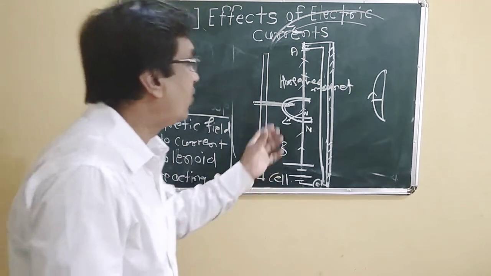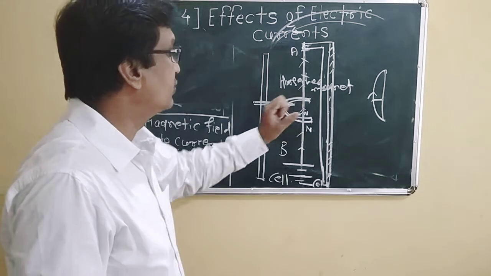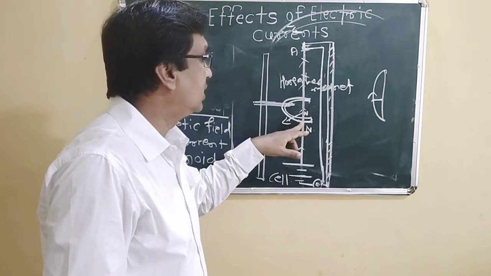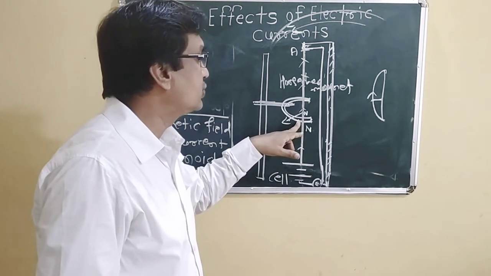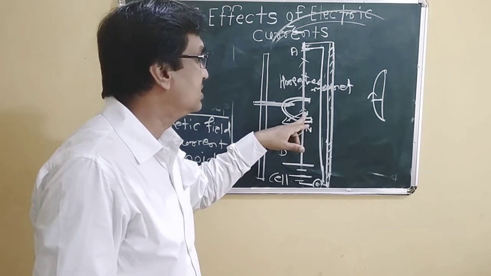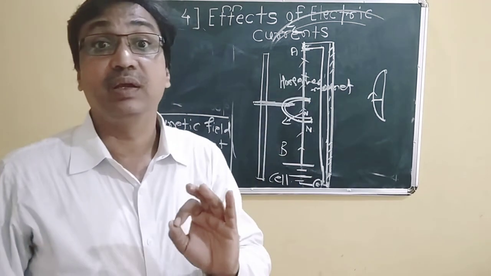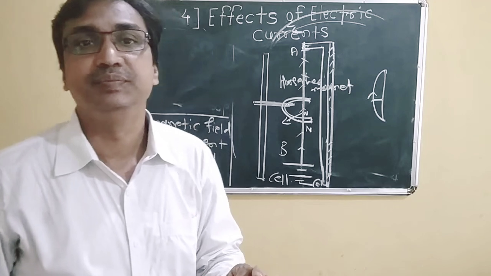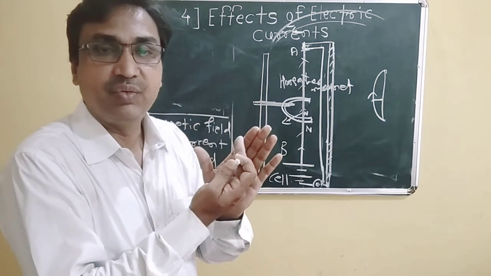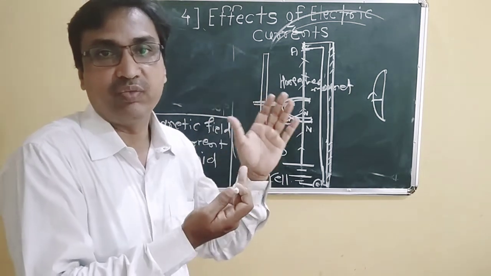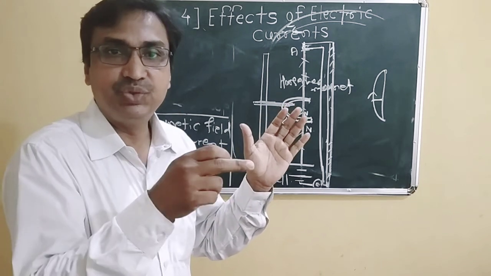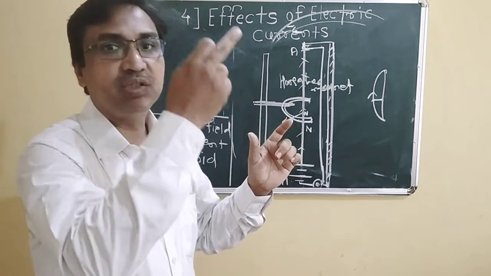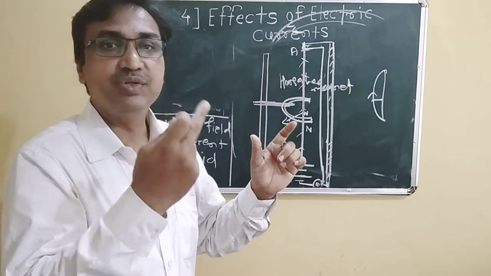So the force which attracts this current carrying conducting wire towards the horseshoe magnet, why is it attracted towards either side? It is because when current is flowing in the conductor, it produces a magnetic field.